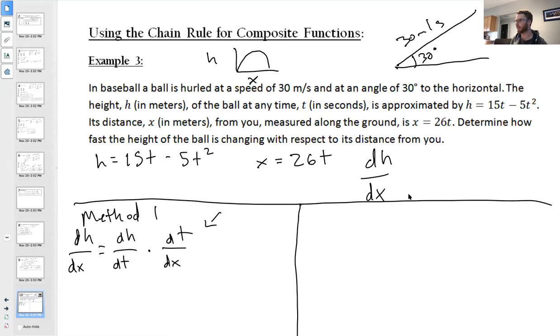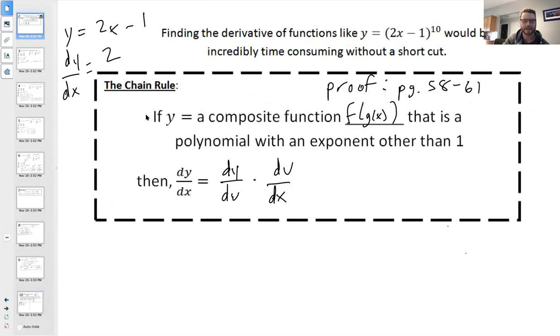So if we jump back to this slide here, we know the derivative of y with respect to x is equal to dy over du multiplied by the derivative of u with respect to x.